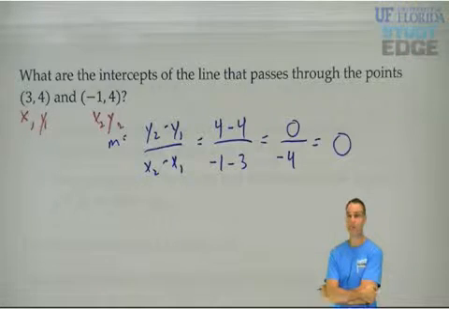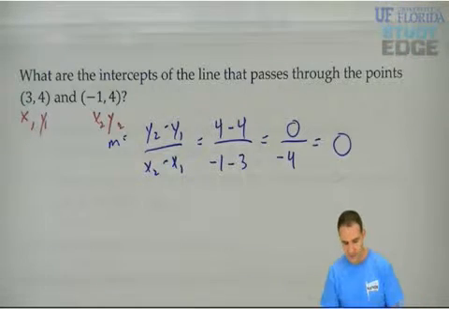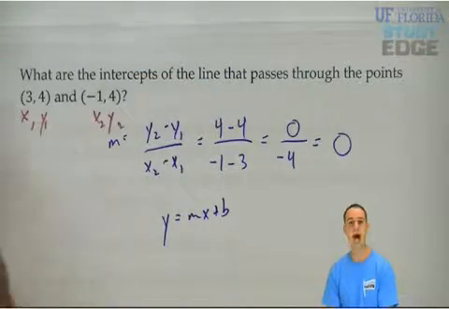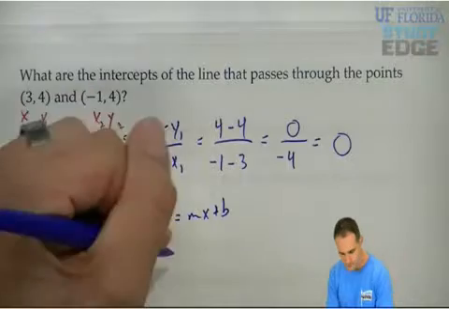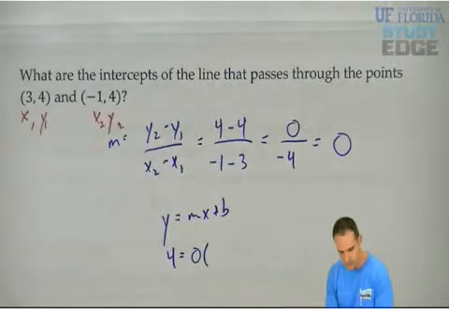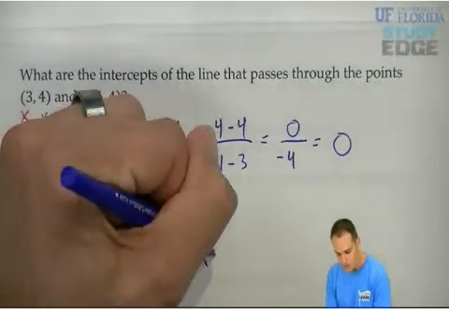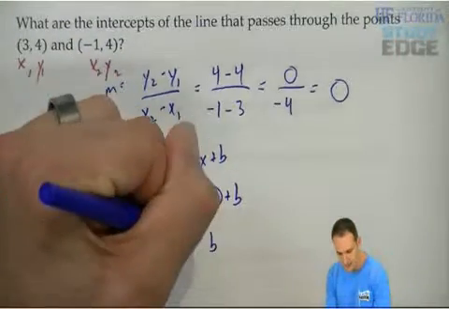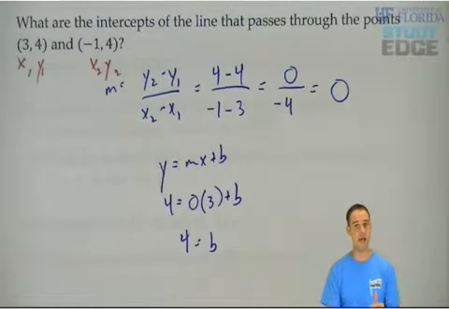If you get a slope of 0, well, if I want to plug in y equals mx plus b, and plug in either point, I'll plug in the first one, 4 equals 0 times 3 plus b. That means that we will get b equals 4, which is the y-intercept.